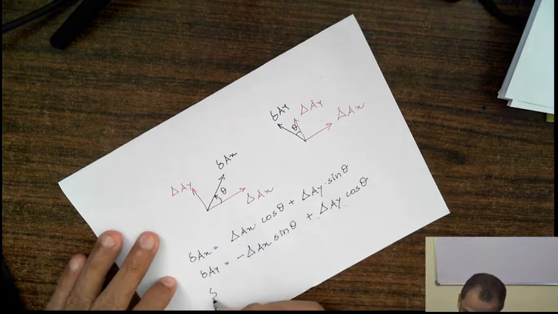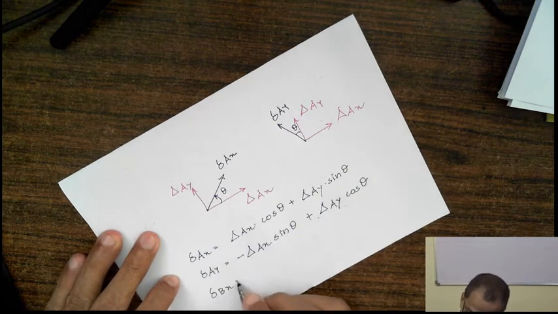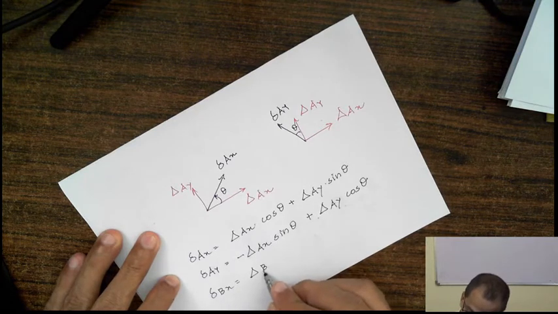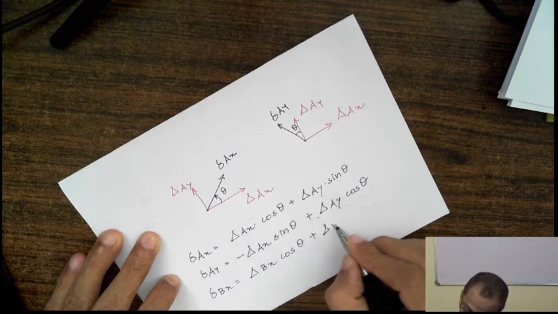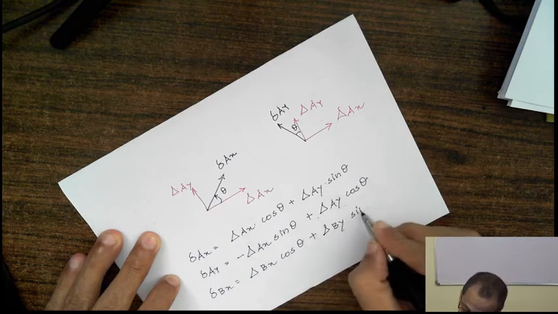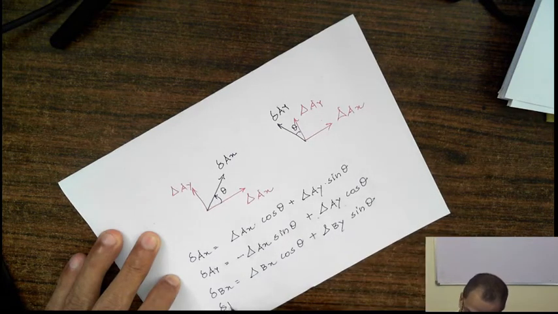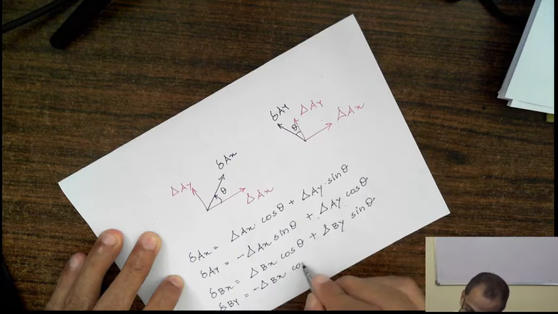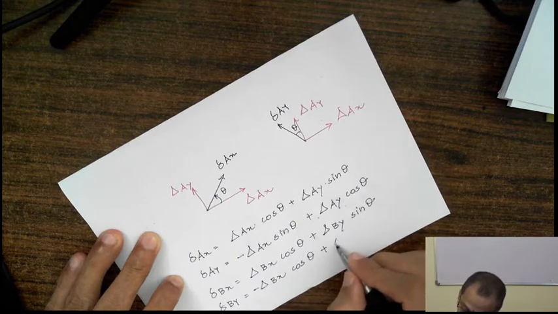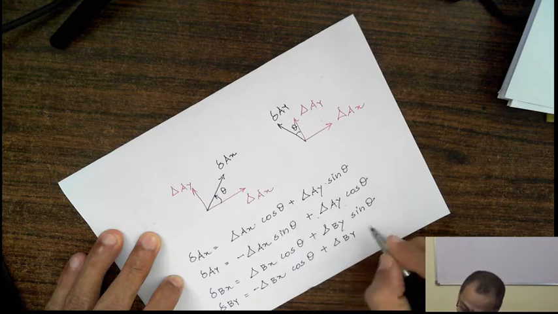Similarly, we can write the equation del BX is equal to delta BX cos theta plus delta BY sin theta, and del BY is equal to minus delta BX sin theta plus delta BY cos theta.